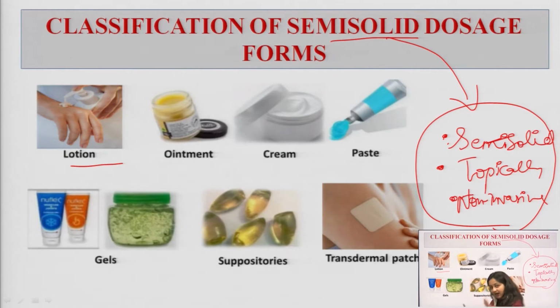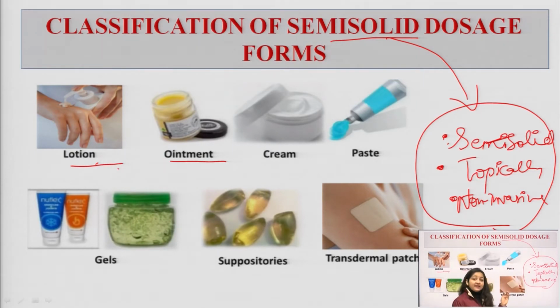Another classification includes ointments. The major thing that distinguishes lotion from ointment is consistency. Lotions are typically of watery consistency. However, ointments are of a thicker consistency as compared to lotions.